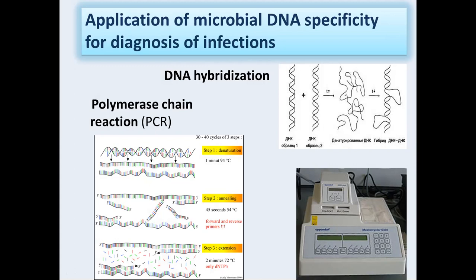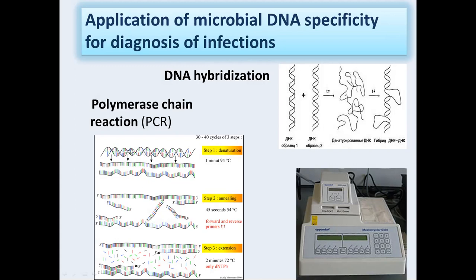And we can detect this specific DNA in clinical samples without doing microscopy or isolation of a pure culture of bacteria. We just need to use synthetic artificial fragments of DNA, which are complementary to specific sites in the DNA of pathogenic microorganisms.